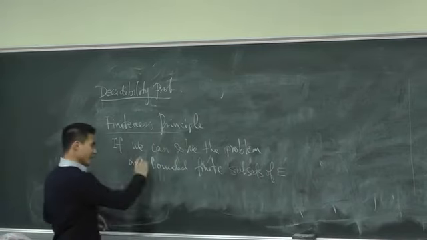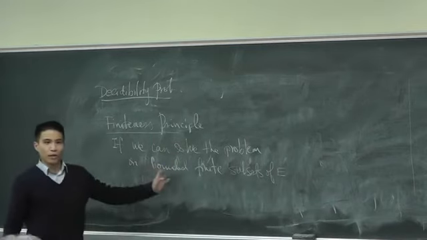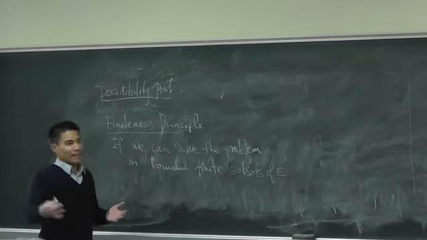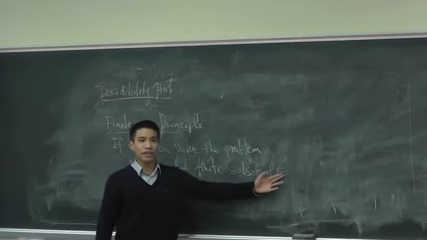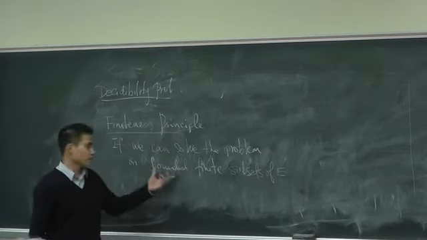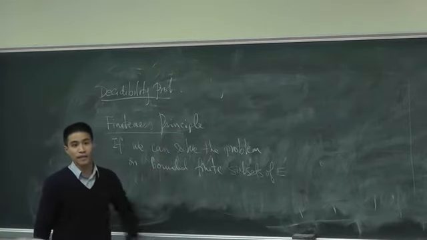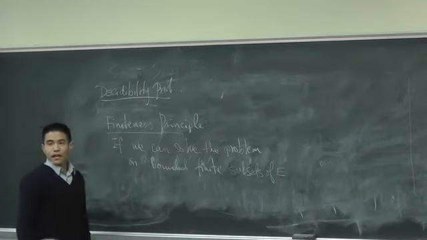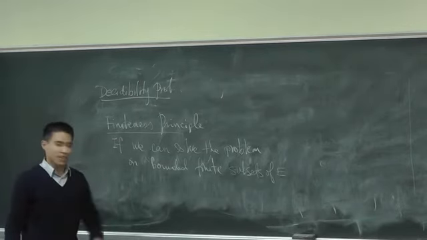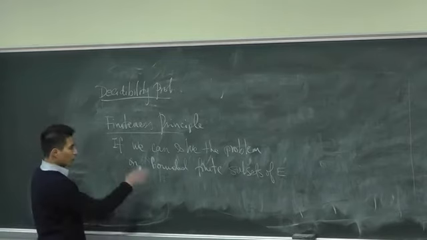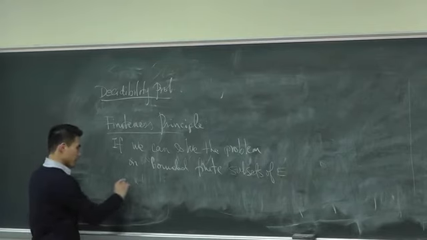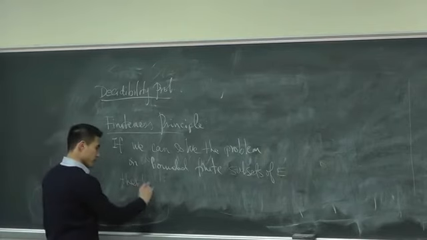I will tell you what that means. Bounded finite subsets is finite. It could be dependent on the size of the set E, but bounded means here is independent of the size of the set E. There's some estimates that depend on the diameter of the set. I will make that precise with an example. So if you can solve the problem on bounded finite subsets of E, then you can solve the problem with E.